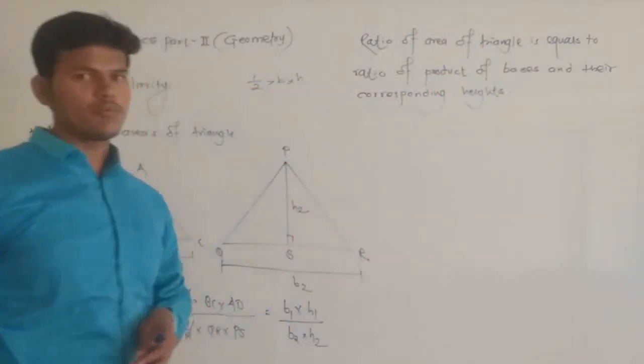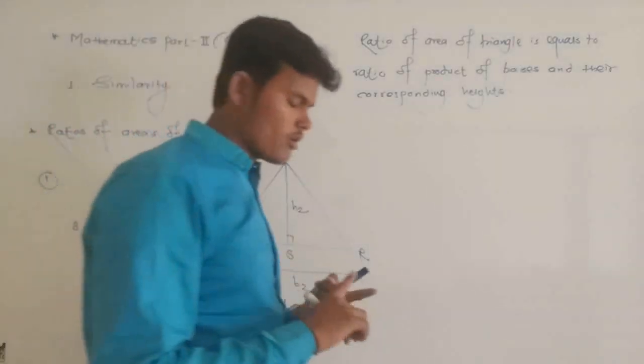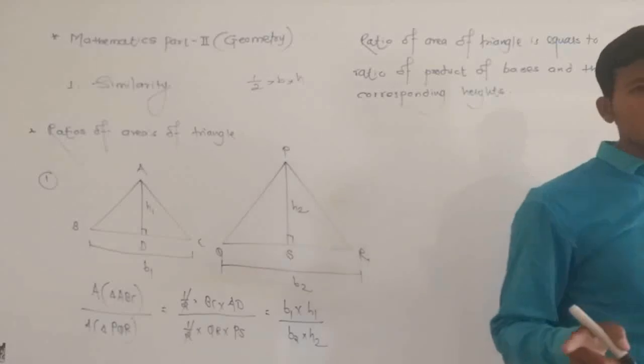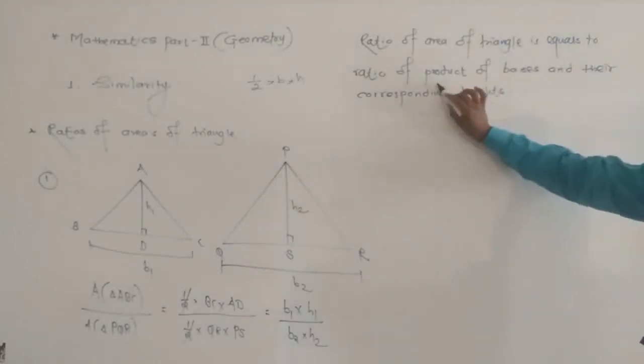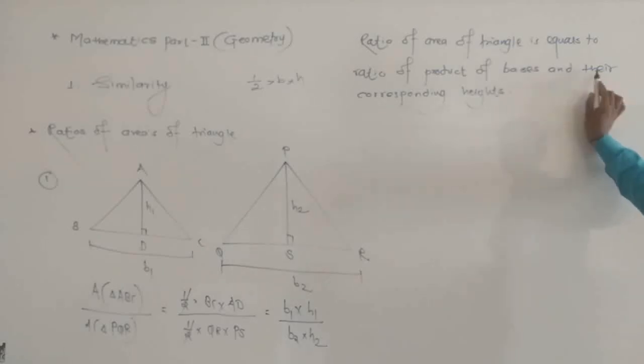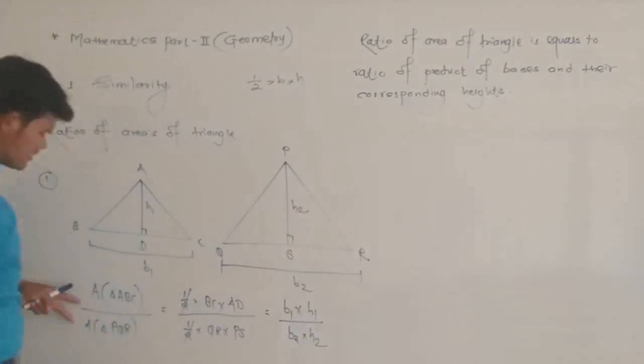This one is the first property of ratio of area of triangle, that is if two triangles have no common heights and no common bases, then the ratio of area of triangles is equal to the ratio of the product of their bases and their corresponding heights. Check out here how to read this statement.